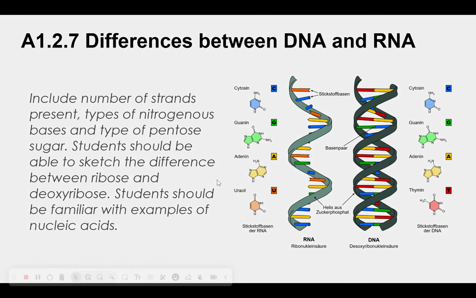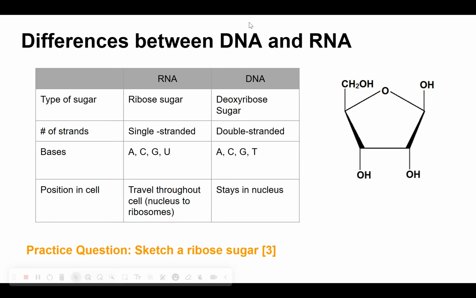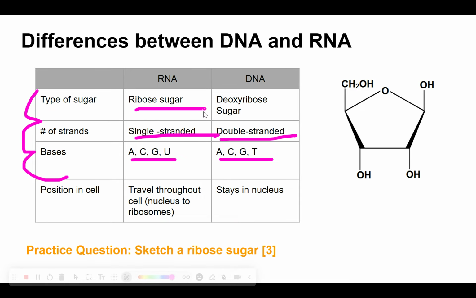We'll do some comparison between DNA and RNA, and specifically this ribose and deoxyribose sugar thing. So type of sugar, number of strands, and bases present are all just easy to study in table form. These are all things we've talked about already in this lecture, except the ribose and deoxyribose sugar, which we're going to go over now.